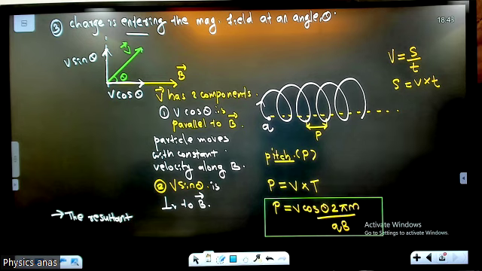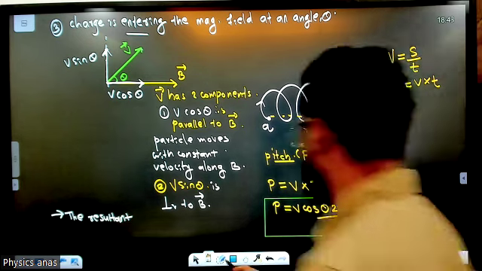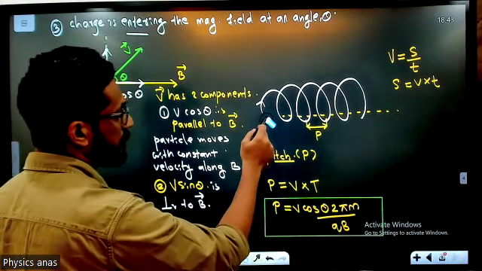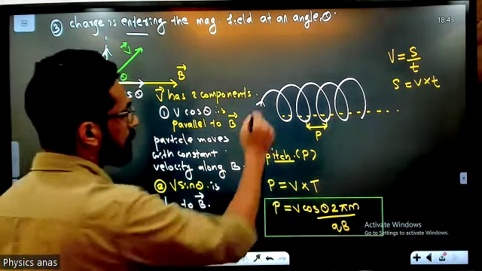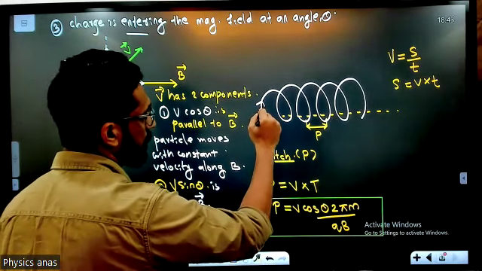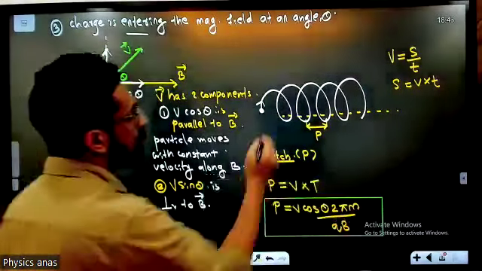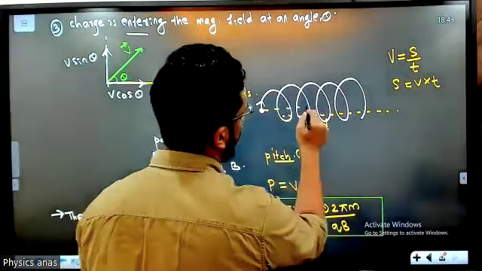You can draw that figure. The charge is in a helical path right now.